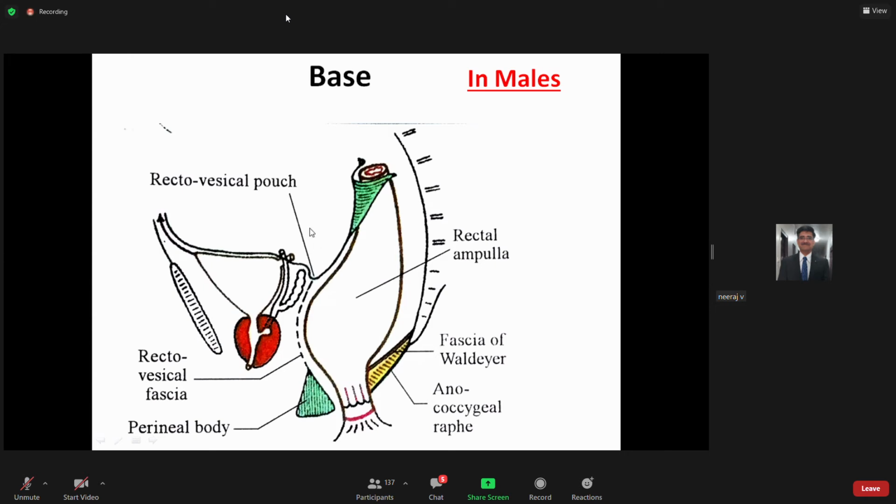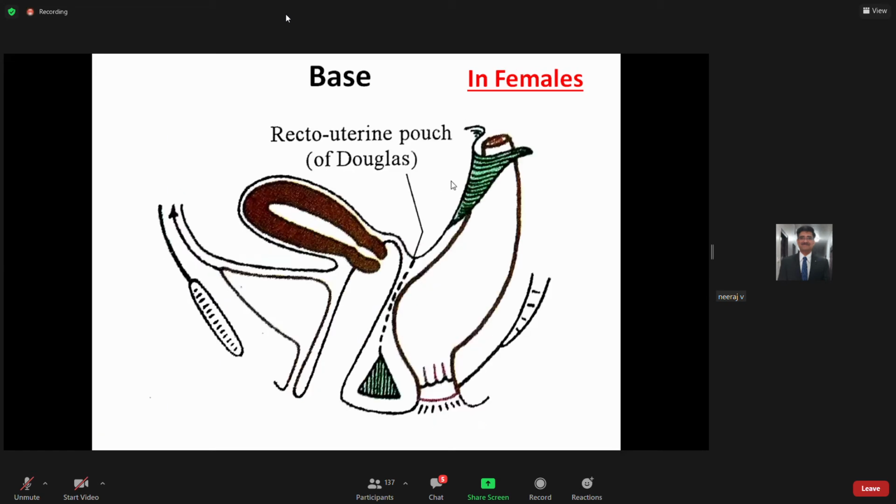While in the case of female, it reflects along the anterior surface of the urinary bladder onto the anterior surface of the uterus, and then it goes like this. So there is no relation of the peritoneum with the base. Rather, directly the vagina and the supravaginal part of the cervix lie in relation to the base of your urinary bladder. So these are some important things which you need to understand.